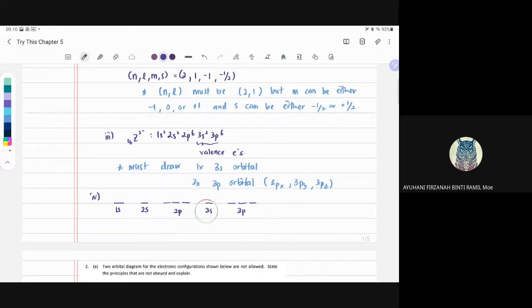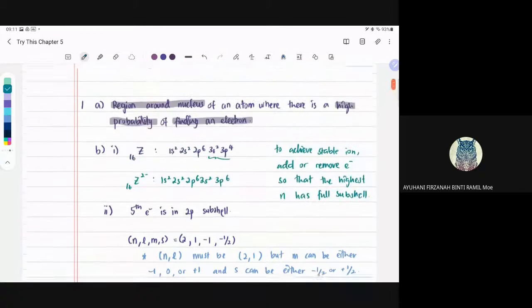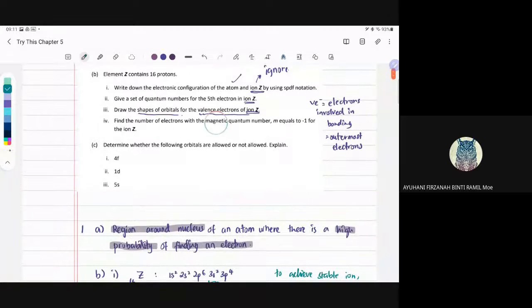So this will be the orbital diagram untuk ion Z. So kita tahu ada 1, 2, 3, 4, 5, 6, 7, 8, 9, 10, 11, 12, 13, 14, 15, 16, 17, 18. So dia tanya ada berapa elektron yang magnetic quantum number M dia sama dengan negatif 1.